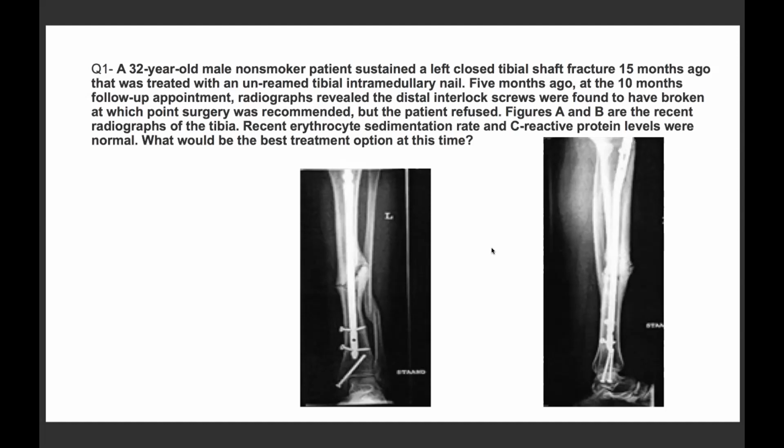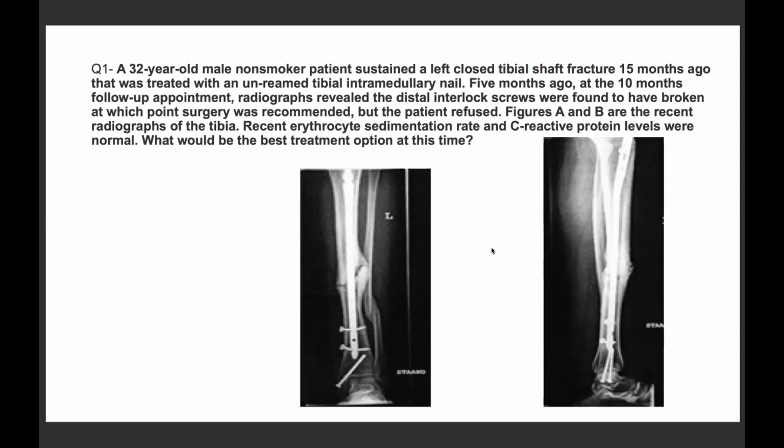So as you can see in this vignette, not all the information you're seeking are present, but usually in questions in board exam, in residency exams, in OITE and AOS, they are trying to direct you somehow. So they mentioned something about infection not being present. They're trying to make you think about sterile type of non-union, if you can get the point, okay?